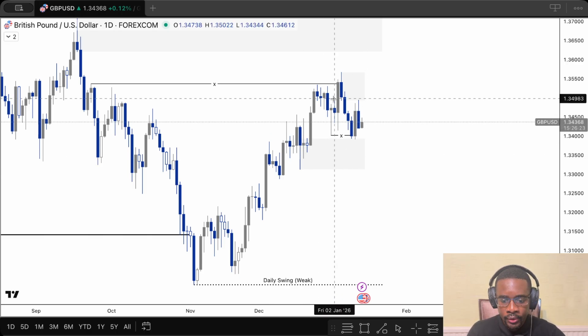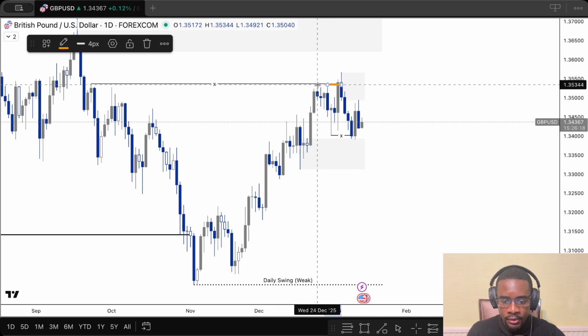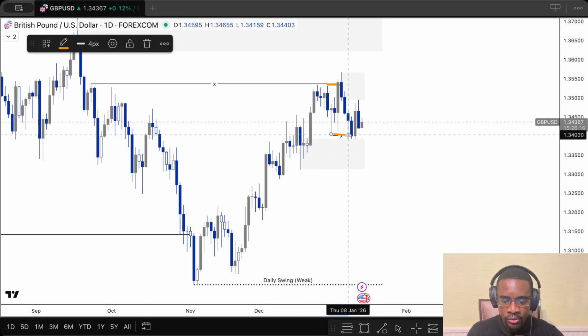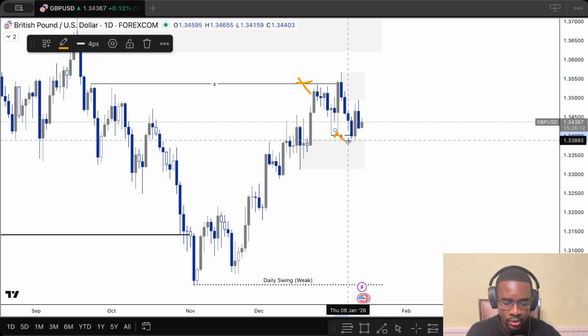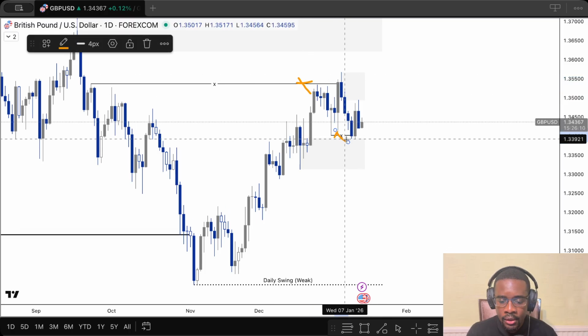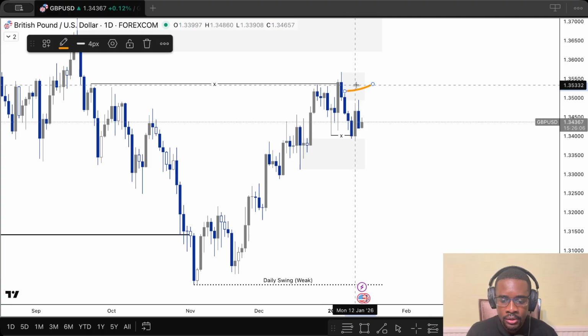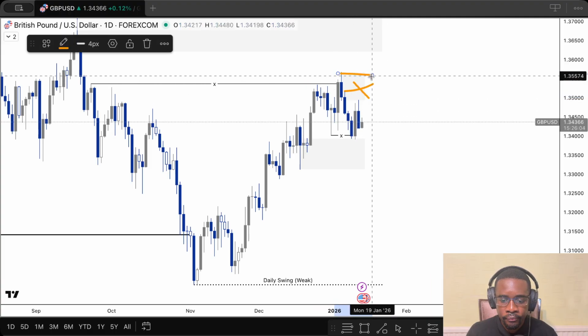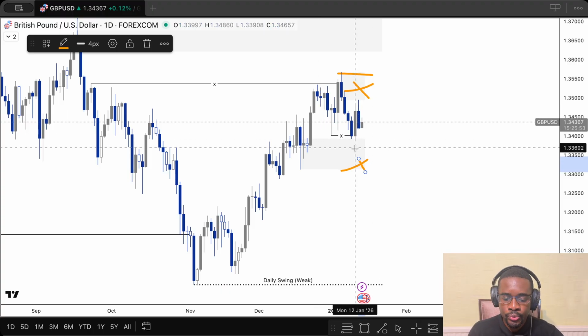However, we've had these minor structure breaks. They're not really convincing, so as of now, I'm simply calling them sweeps of liquidity. Up until price eliminates this POI convincingly, then we can say we have a true break of structure.